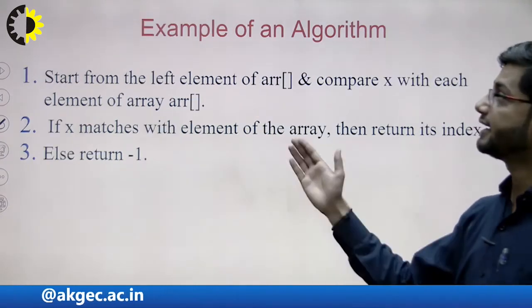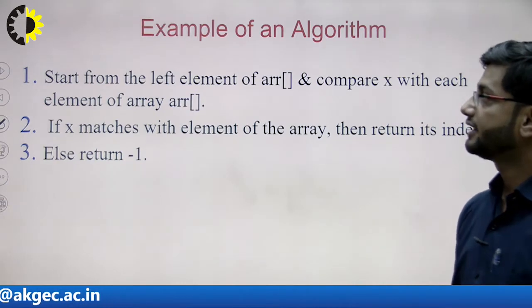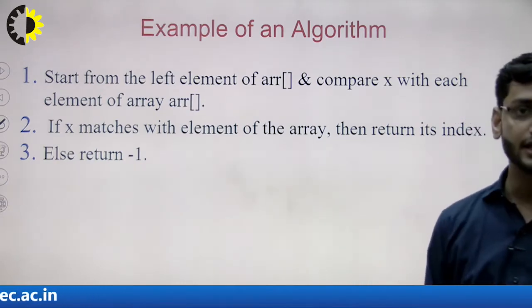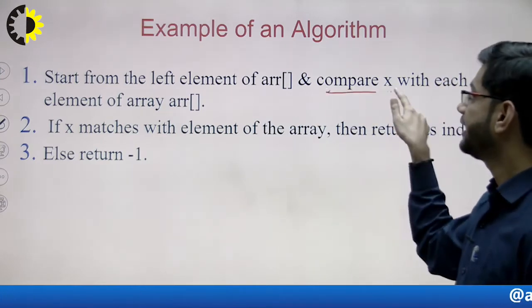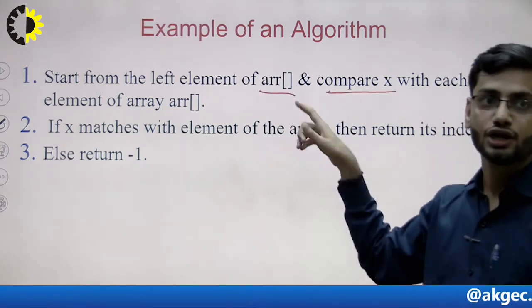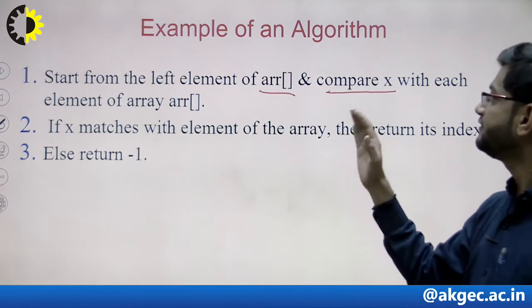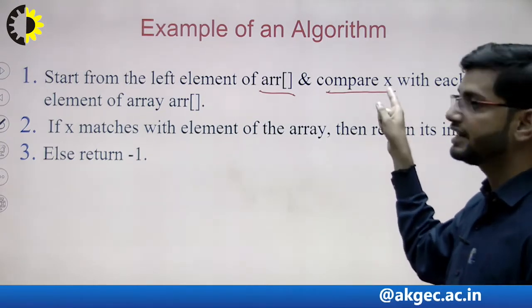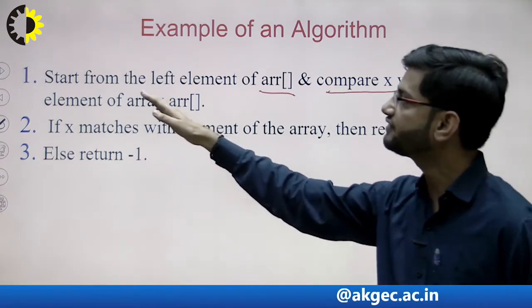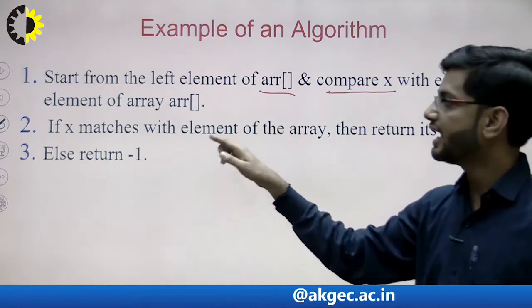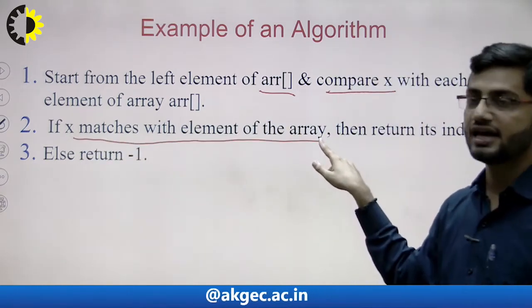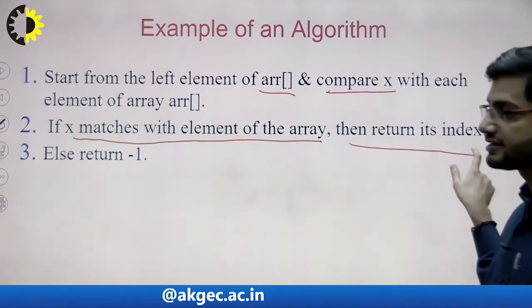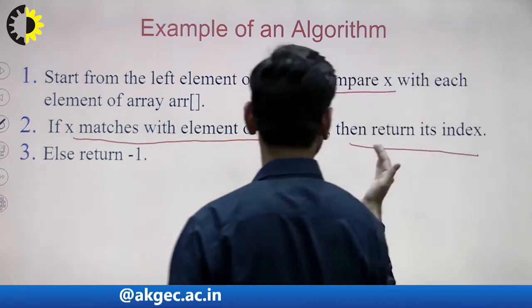This is an example of an algorithm where we are searching a particular element X in an array. Clear? So what is the first step? I will compare this element X with each of the elements of the array, and if X matches with an element of the array, then I will say that my search is successful.